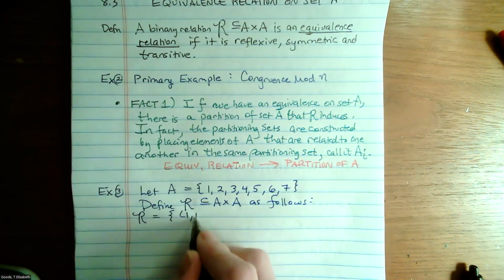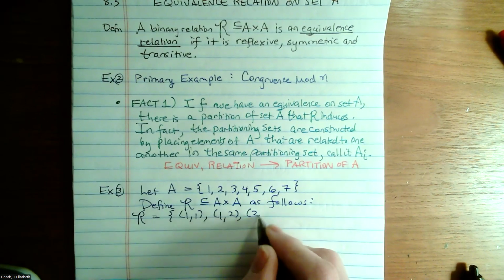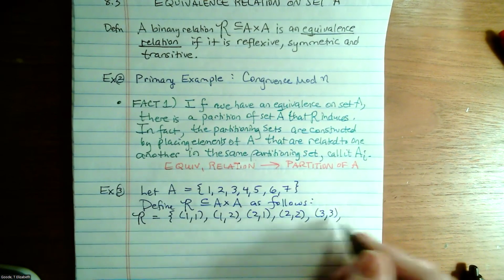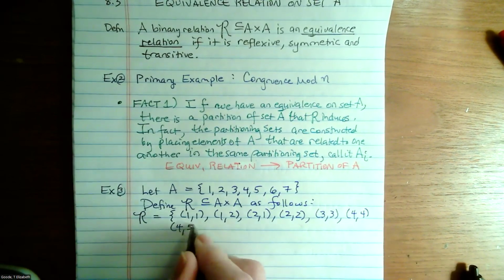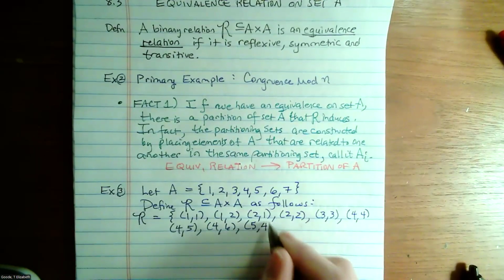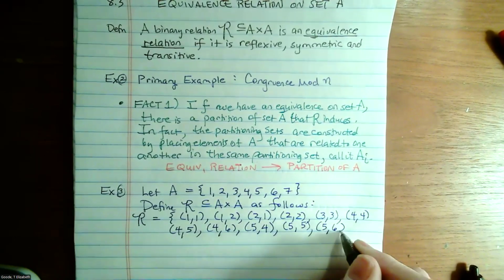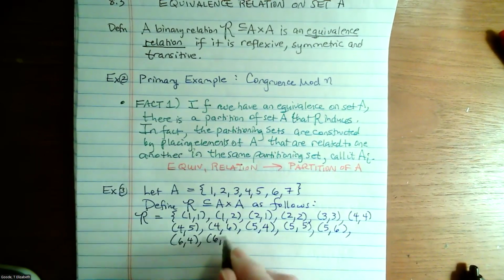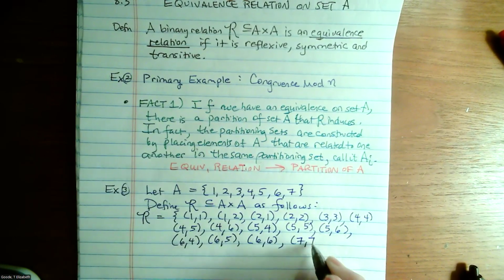Here we go: (1,1), (1,2), (2,1), (2,2), (3,3), (4,4), (4,5), (4,6), (5,4), (5,5), (5,6), (6,4), (6,5), (6,6), and finally (7,7).